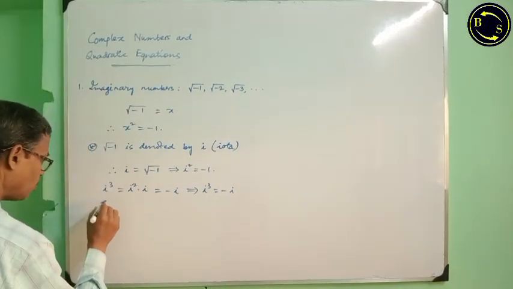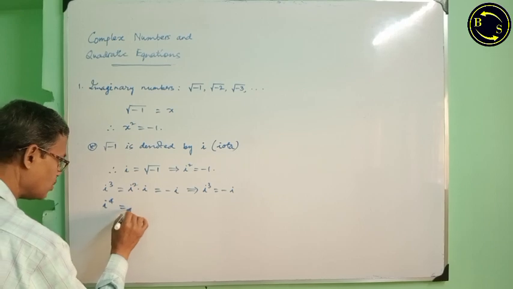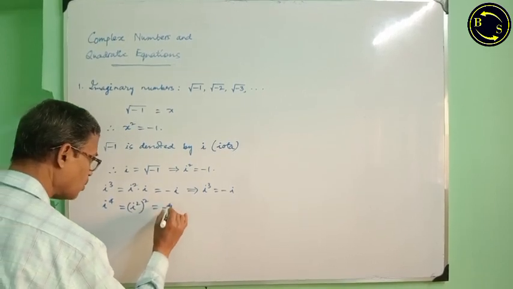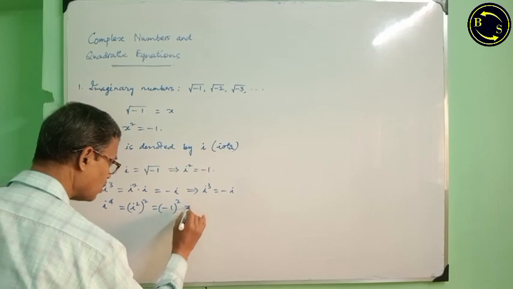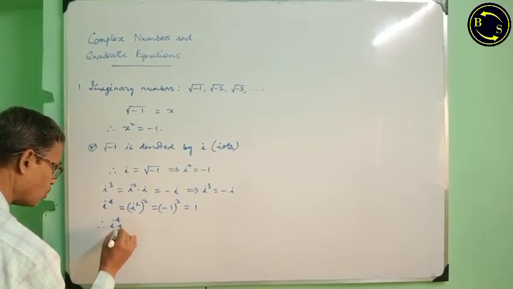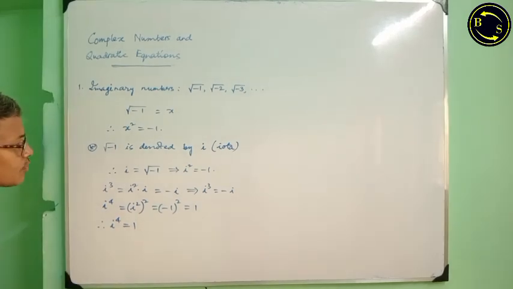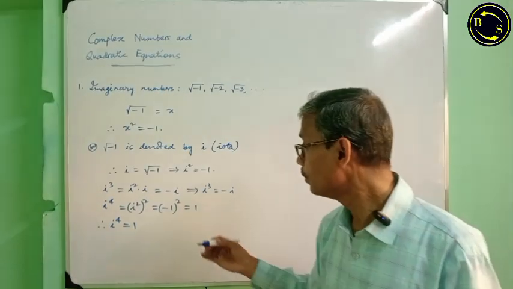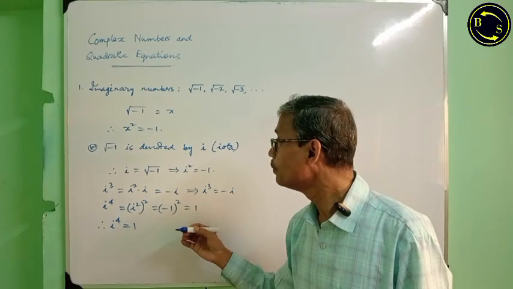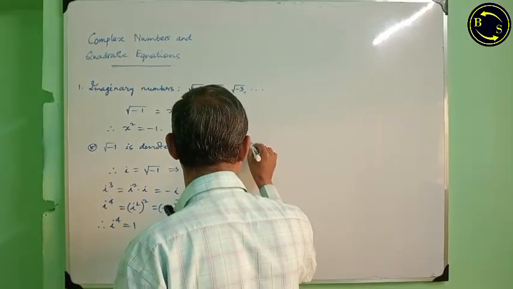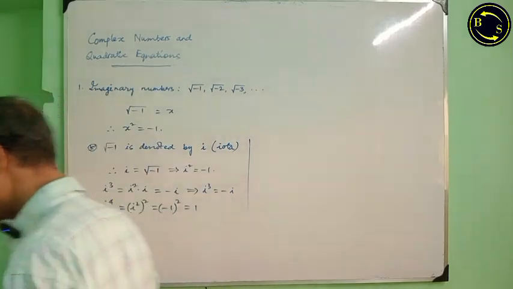Then i to the power 4, that is i square whole square, that means minus 1 whole square, that is equal to 1. Therefore i to the power 4 equal to 1. Similarly, we can calculate the values of different powers of i. We take few examples.